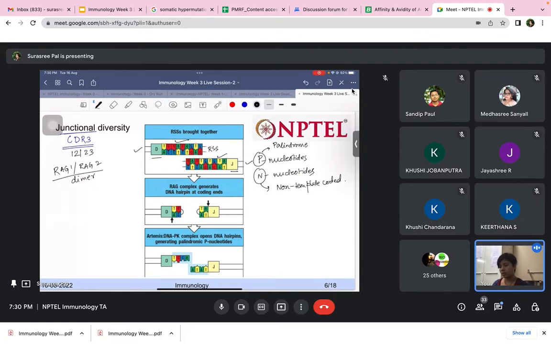The importance of the RSS is that it is recognized by these RAG1 and RAG2 proteins, and what happens is that these proteins cleave at a certain point. Where is the point? They cleave after the last nucleotide of the D or J segment, right here.